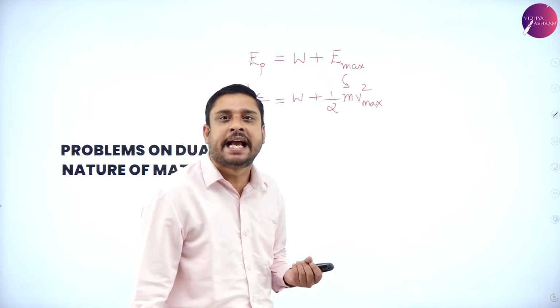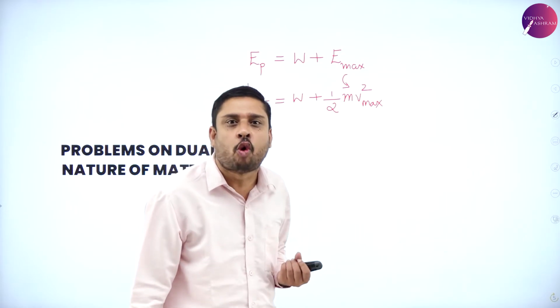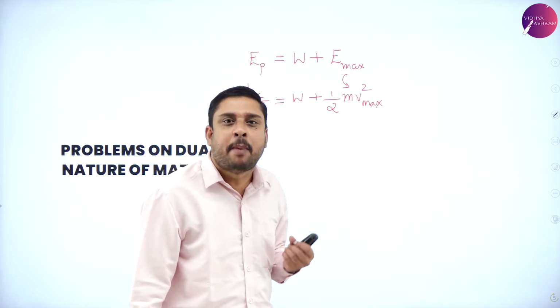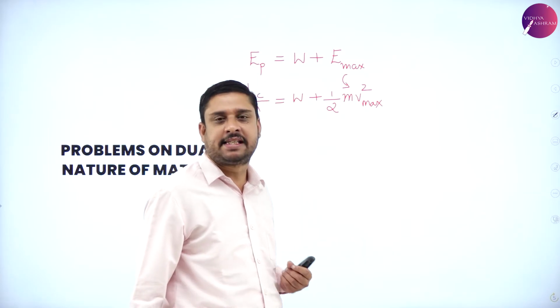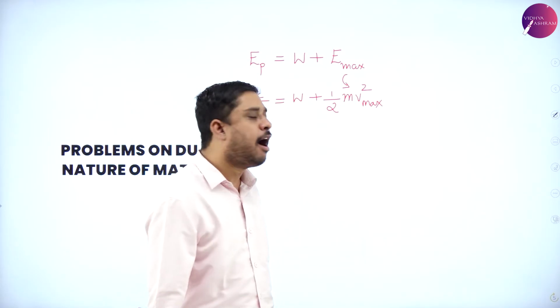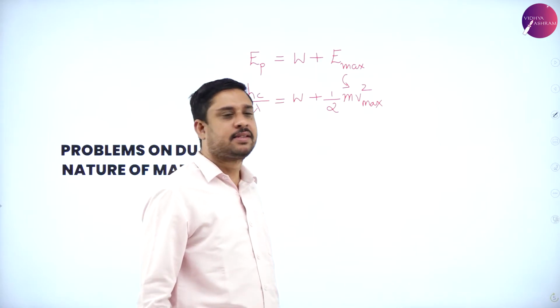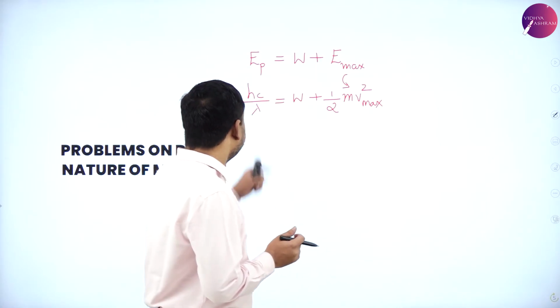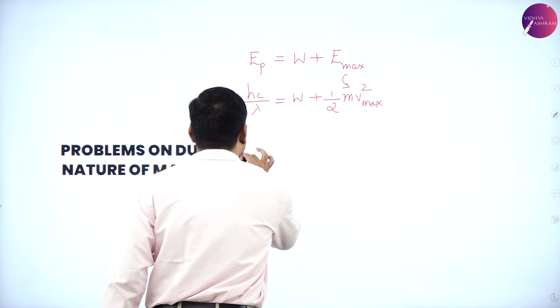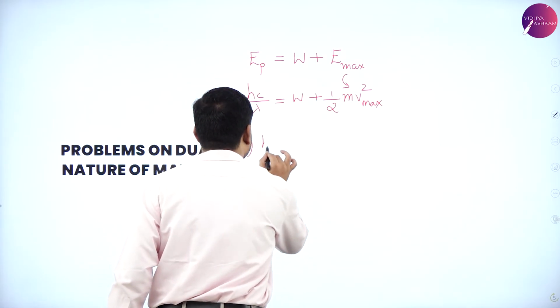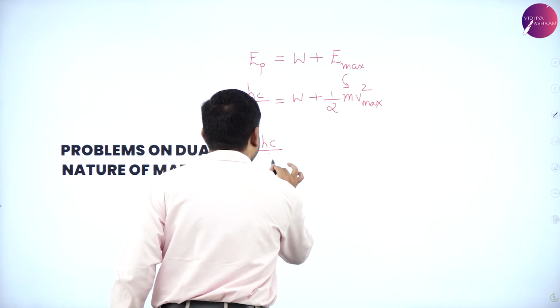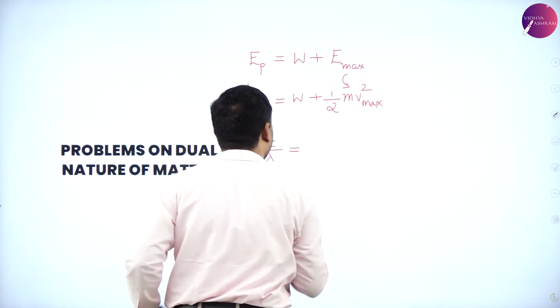Maximum kinetic energy is associated with maximum velocity. So half m v square max. The first part of the calculation, hc by lambda.